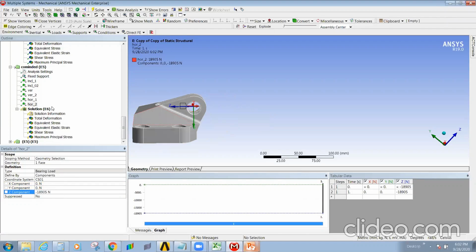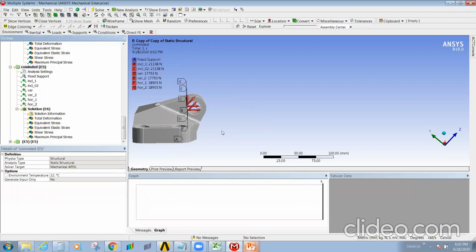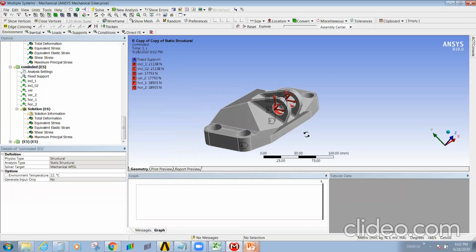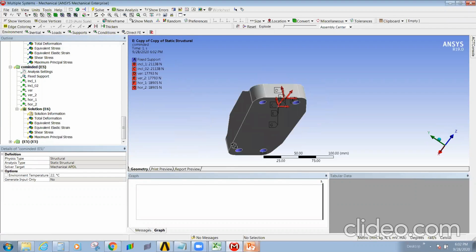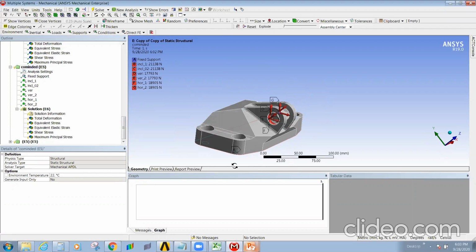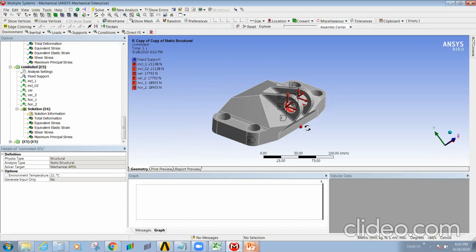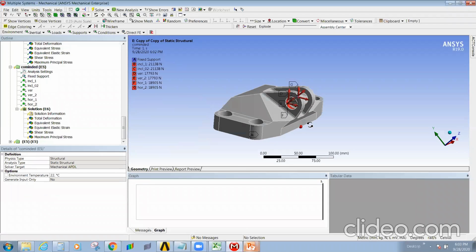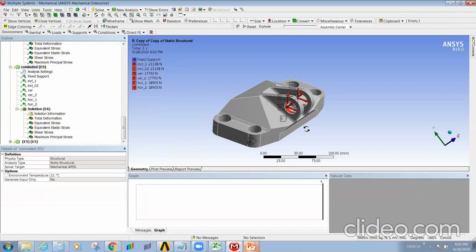Now you have applied all the 6 loads with your fixed boundary conditions. You can see this clearly, the 3 loads have been applied: vertical, horizontal, and inclined loads.